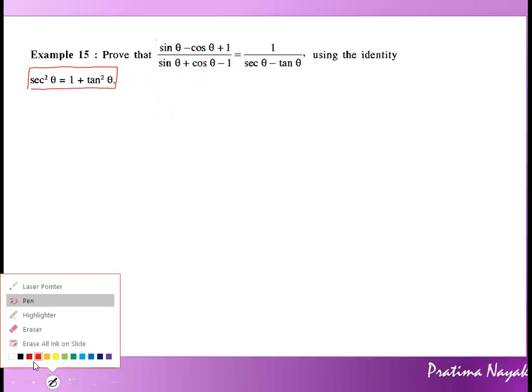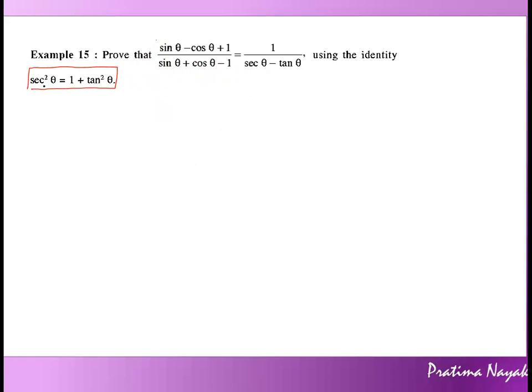So here the question says use these identities. That means you have to convert this whole left hand side into sec and tan. (Sin theta minus cos theta plus 1) by (sin theta plus cos theta minus 1).